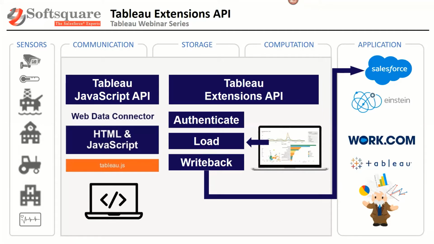What that means is Tableau provides a JavaScript API for you to embed a visualization in your website. Just like you would embed a YouTube video, you could embed a visualization in your website, and different components in your website that are independent of Tableau can interact with your visualization.